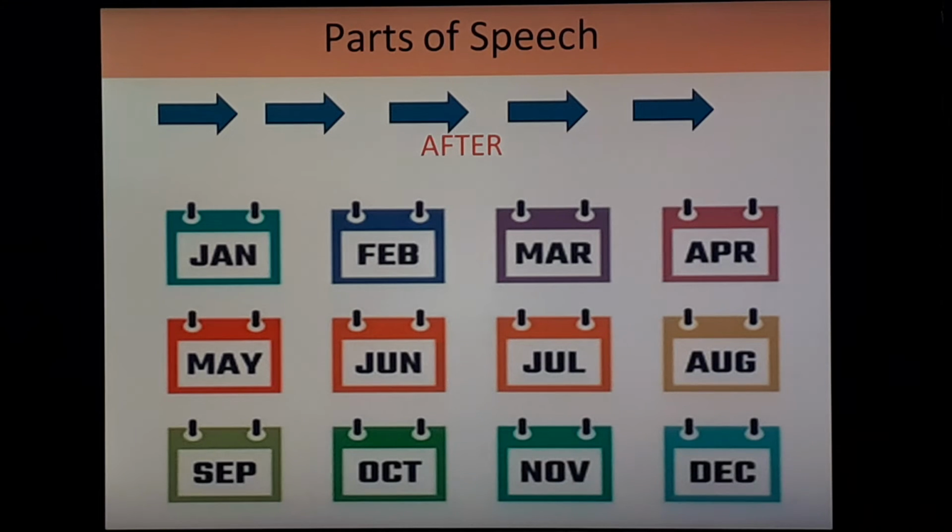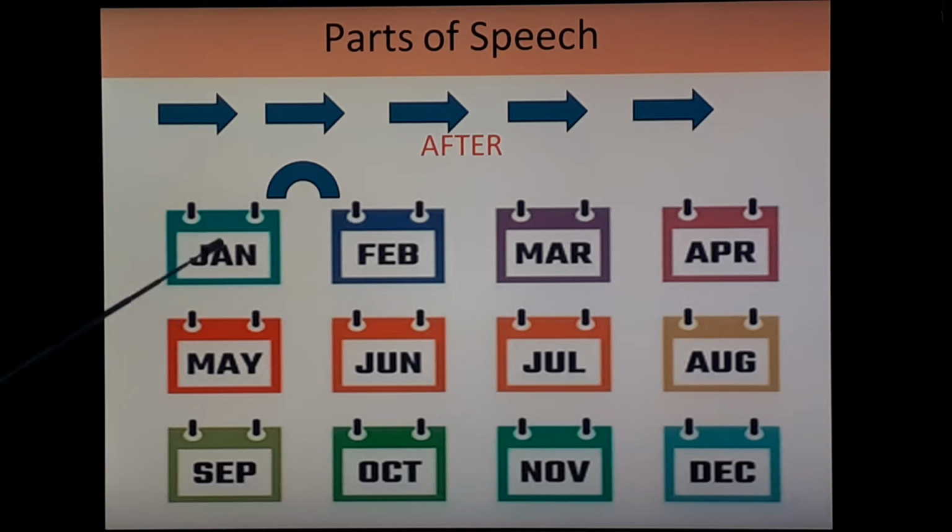Now see, here you can see the names of months. January, February, March, April, May, June, July, August, September, October, November, December. Now, if I ask what comes after January, the answer would be Feb, means February.